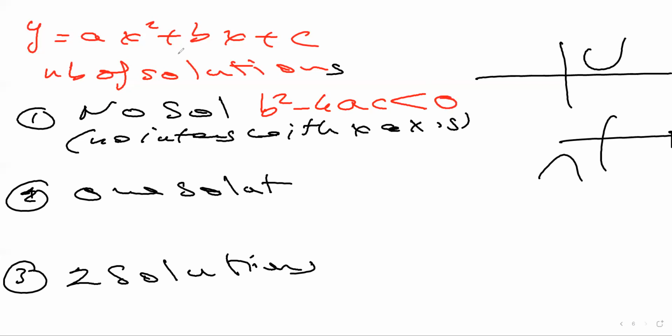But what is b? Coefficient of x. What is a? Coefficient of x squared. What is c? The constant. For example 3x squared plus 5x plus Adam, so Adam is c. 5x squared plus 8x plus Hannah, Hannah is c. Is that clear? Yes, sir. So b squared minus 4ac less than 0.